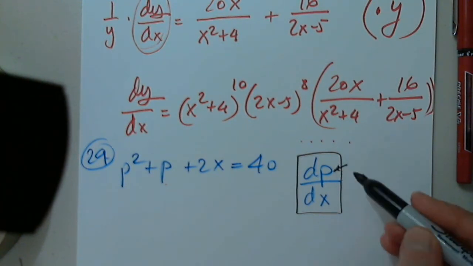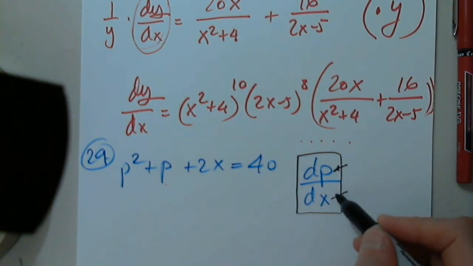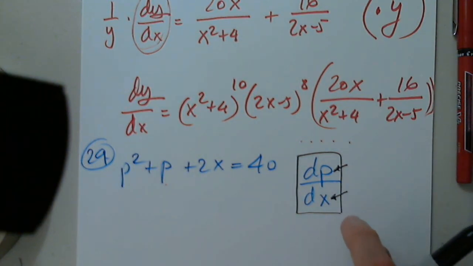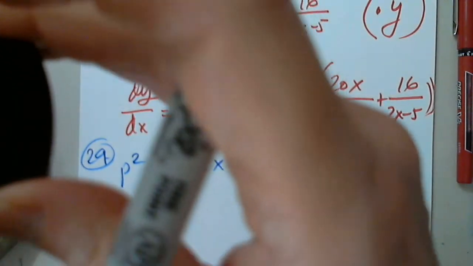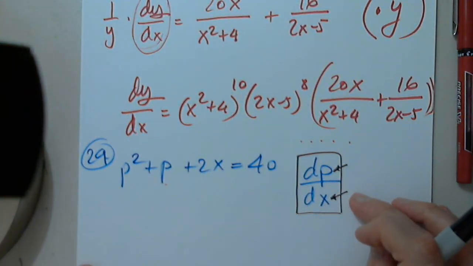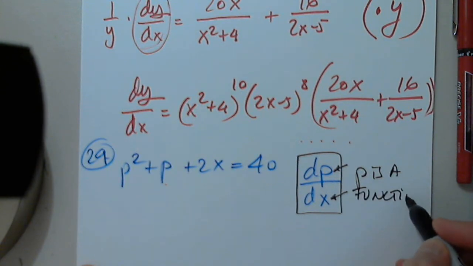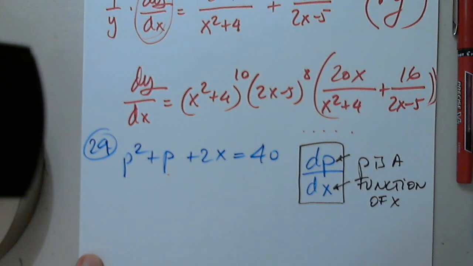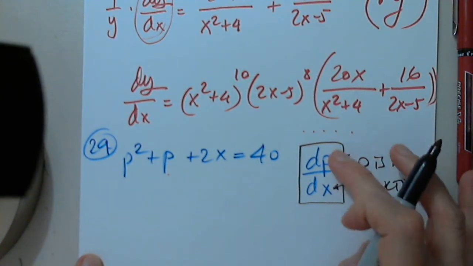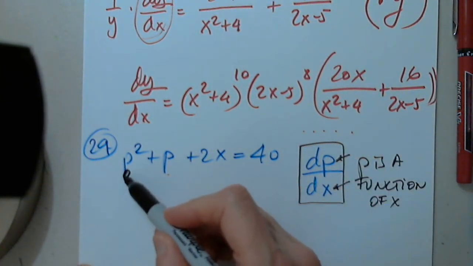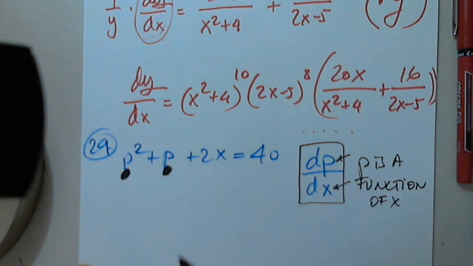That p is definitely what? A function of x. Absolutely. P is a function of x, guaranteed. Otherwise, they wouldn't ask me to find dp over dx. So I'm going to make the sign under the function.